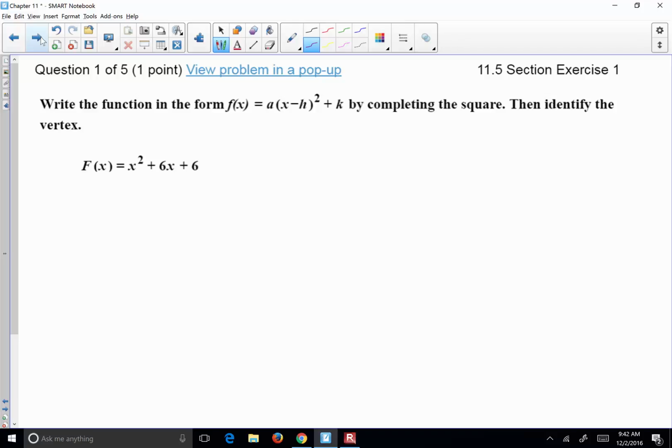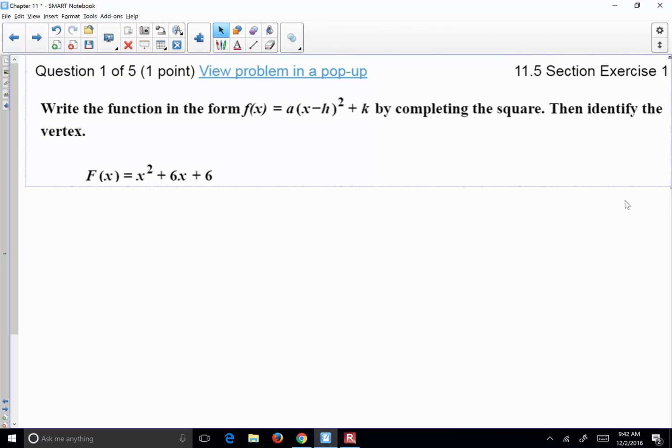Here is how we are going to turn the standard useless form into a(x minus h) squared plus k. And you need to really listen carefully here. We've done this in the past actually, it's not new. It's a little modified version of something we've done in the past. First, check out step 1.